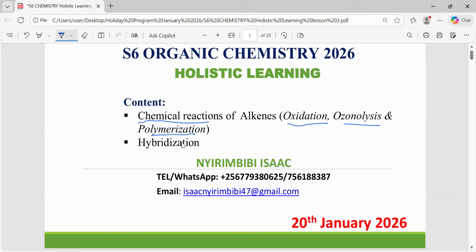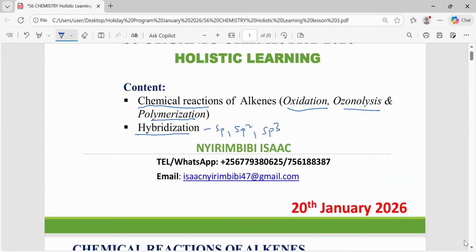In this session, we shall be looking at hybridization in full. We look at sp, sp2, and sp3 hybridization, and we shall also see how important hybridization is in organic chemistry. So today, that's what we shall be looking at. And still, it's Nyerimbibi Isaac who will be taking us through today's session.